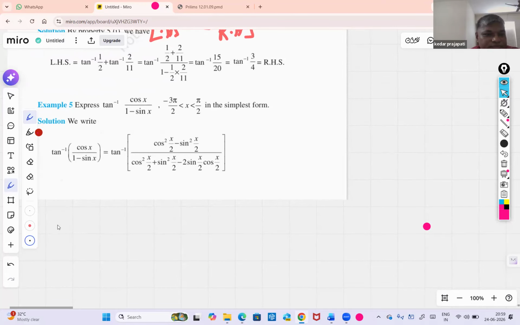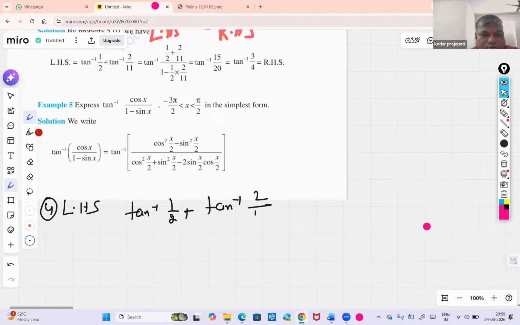LHS. This is our question number 4. Tan inverse half plus tan inverse 2 by 11.